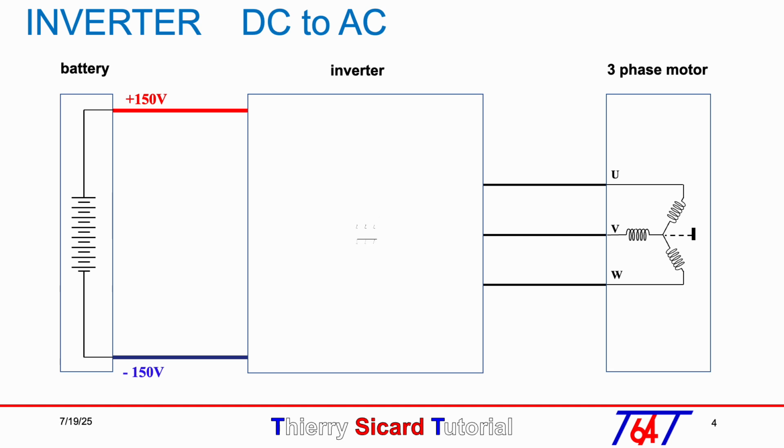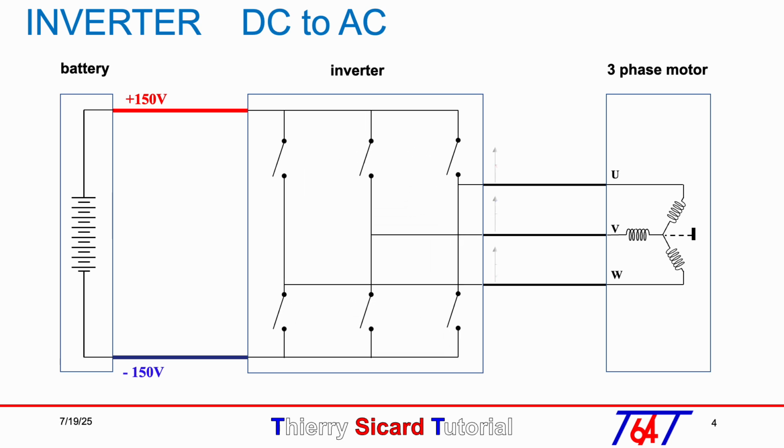The central inverter transforms the DC voltage into three sinusoidal voltages. An ideal inverter should have zero power dissipation because the power at the switches is zero. Indeed, when I is not equal to 0, U equals 0, and when U is not equal to 0, I equals 0. The three-phase inverter is composed of three half-bridges.